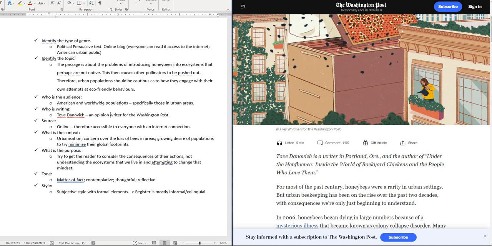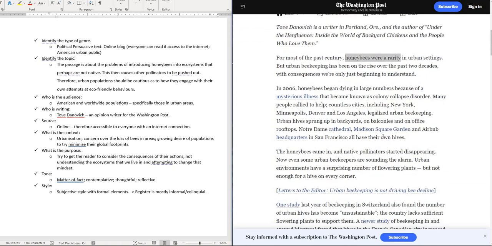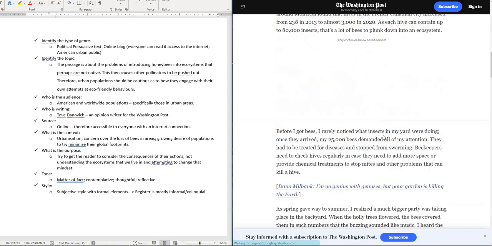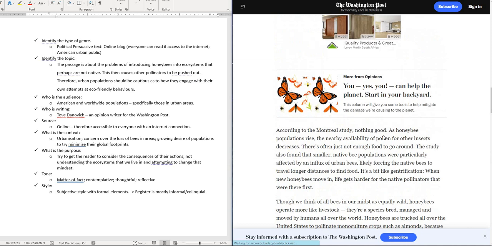find those bits and pieces, that idea the honeybees were a rarity, which suggests that people were beginning to be worried about them, which in turn has now caused this unforeseen consequence. And there's a lovely little simile that crops up somewhere here.